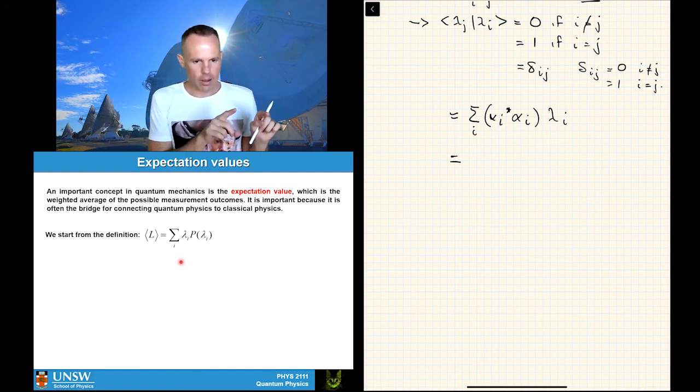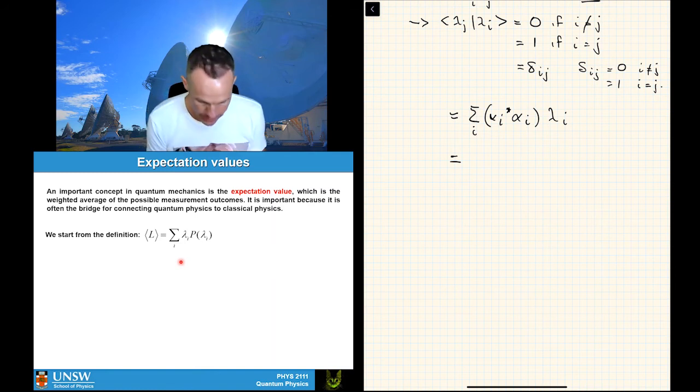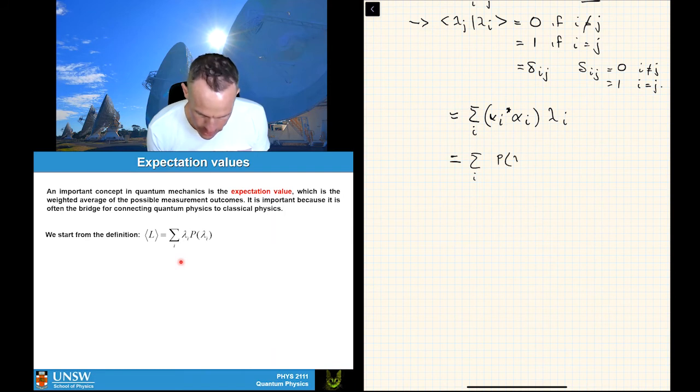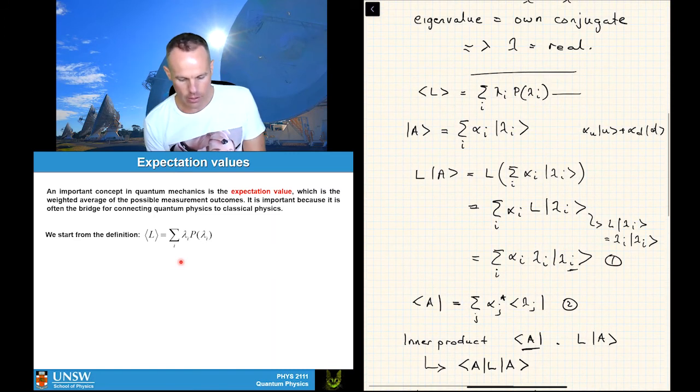And so here, this thing alpha I star alpha I is really just the probability of getting the eigenvalue lambda I. So this is now the sum over I of p(lambda I) lambda I. And of course, if we scroll back up to the top, that's the thing that we started with up here, okay?